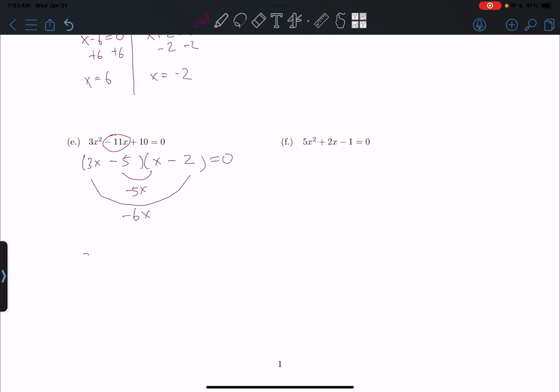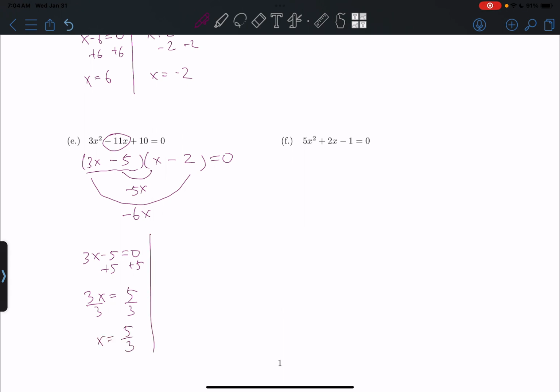Anyways, so that means we got 3x minus 5 equal to 0, right? Set that one equal to 0. Plus 5, divided by 3. Similarly, set the other factor equal to 0, plus 2. And that's your two answers right here. But again, you can choose to use the quadratic formula, or you can go ahead and factor.